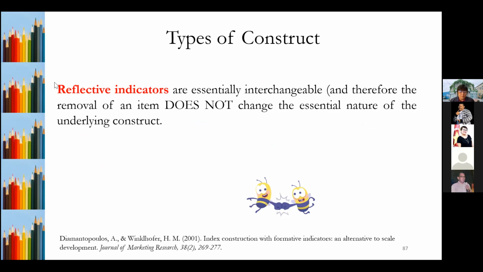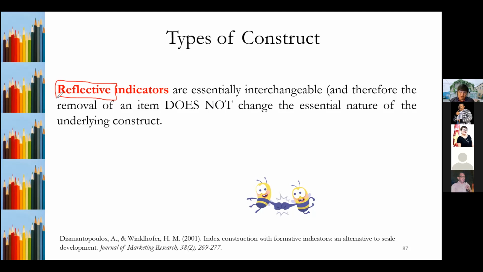So just remember, reflective indicators, which are the items of a reflective construct, are essentially interchangeable. Ibig sabihin, pwedeng magkapalit-palit yan. And therefore, removal of an item does not change the essential nature of the underlying construct. It means kapag reflective ang construct mo, kahit na mag-delete ka ng isang item, the meaning of the construct does not change.